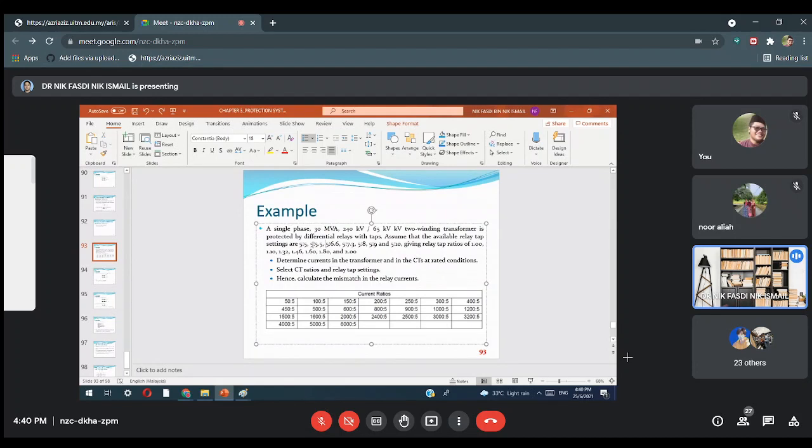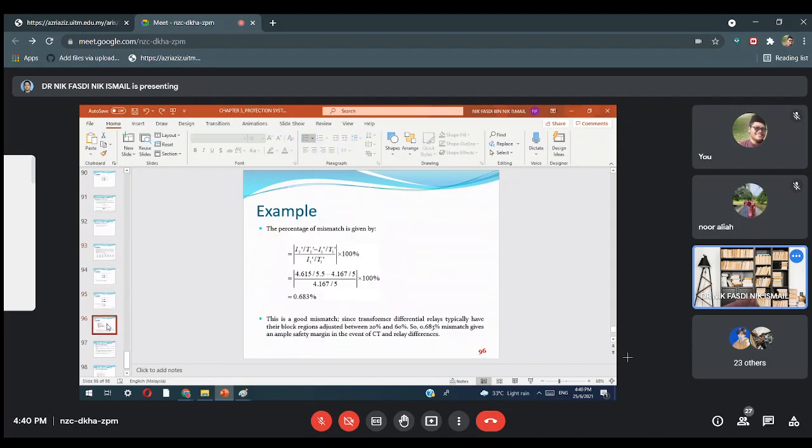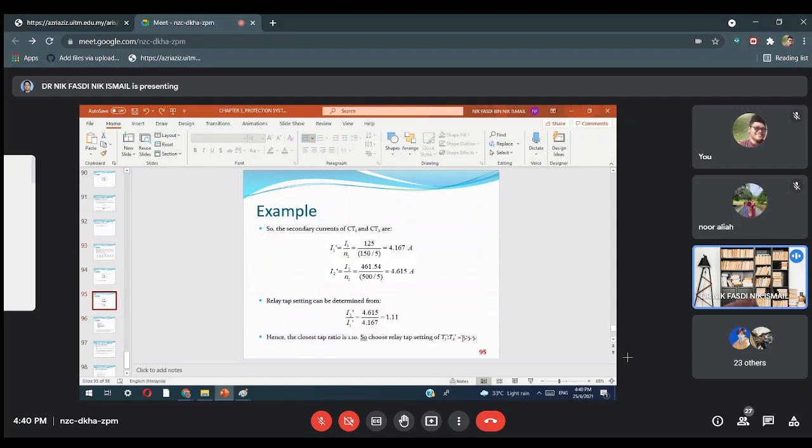If you use 5 ratio with 5.5, you have to select this one. So in this question, after the calculation, you get the close value of this 1.10, which refers to this setting 5 ratio 5.5. So this is it. Okay. Alright.